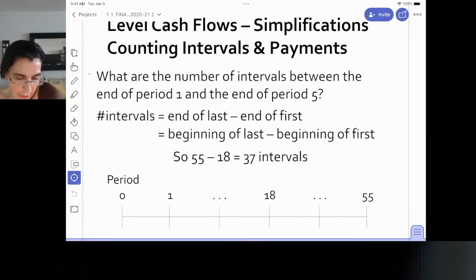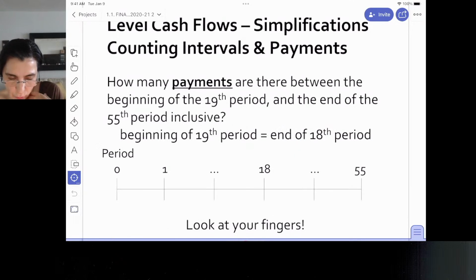In the case of intervals, from 18 to 55, I take 55 minus 18. That gives me the space in between. But if I want to talk about those as pillars or hurdles or marks, then I have to add 1. So the number of payments between the beginning of the 19th and the end of the 55th, I'm just trying to shake it up a little bit there. The beginning of the 19th is the same as the end of the 18th, so I can use that.